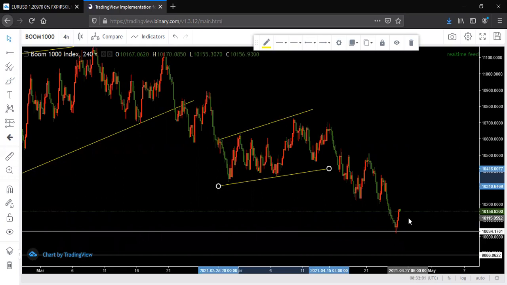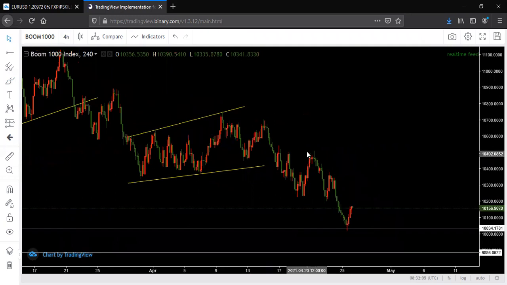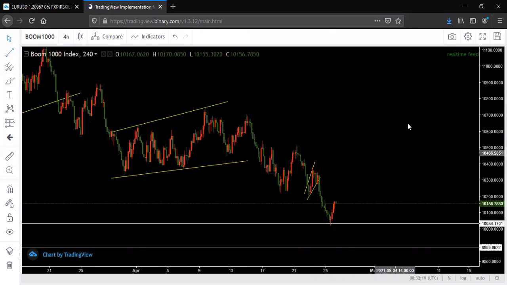Okay, so from here, guys, you see, we had this tight flag here. It was like a tight flag after this move here. So you see, it was impulsive correction, then impulsive to the downside.